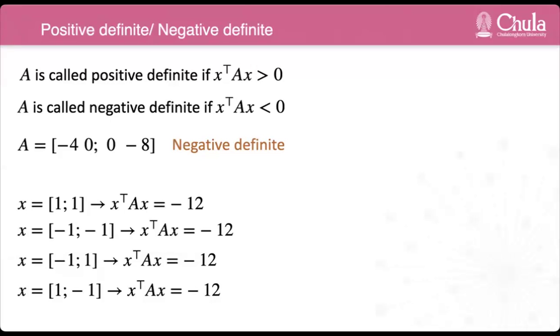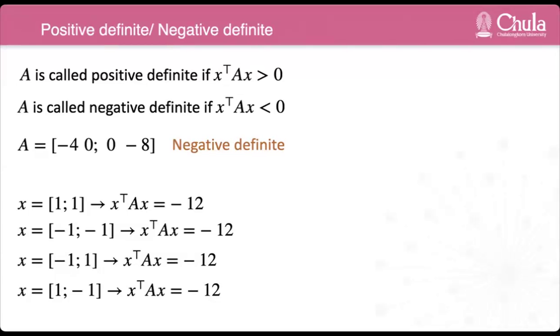You see that in the case of scalar, if you multiply a negative value to X square, it's always negative. And if you multiply a positive value to X square, it must always be positive.